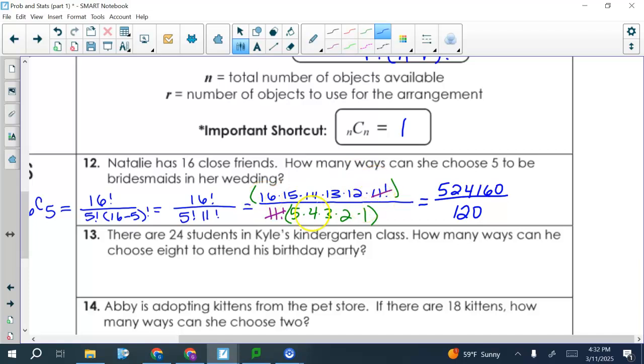Or like I said, if you put it in parentheses, you can do it all in your calculator at once. And if you divide that, you should get 4,368 ways. So that's how many ways, if she had all those friends and was trying to figure out who to have be her bridesmaids where order didn't matter, she could come up with it.